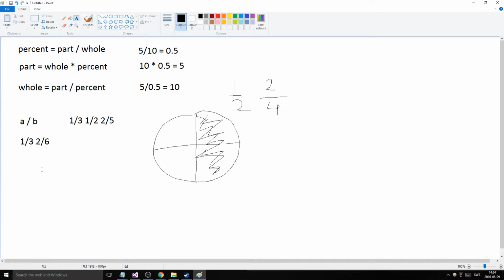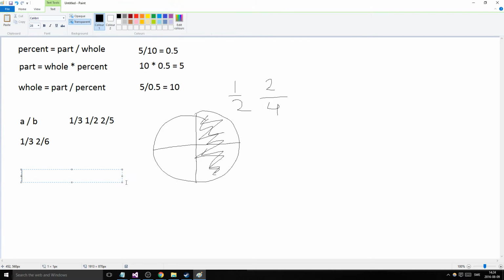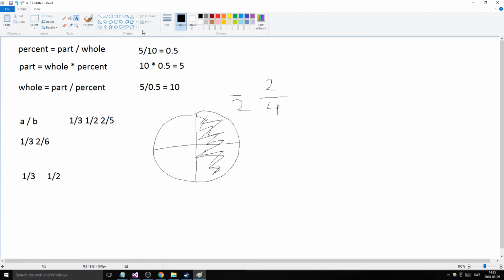But that's also an important thing, just to finalize the video: if you have 1/3 and 1/2, which one of these is bigger? You might think the bigger number is the bigger one, right? But remember, 1/2 is this, and 1/3, if I can make a third here.